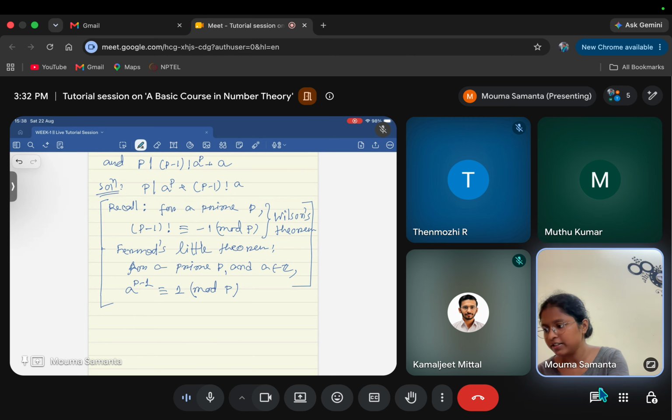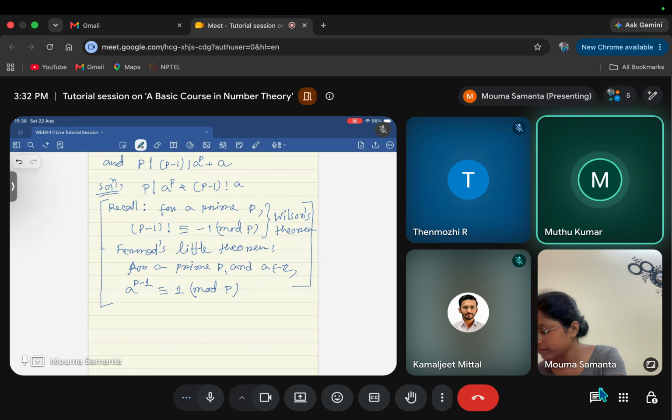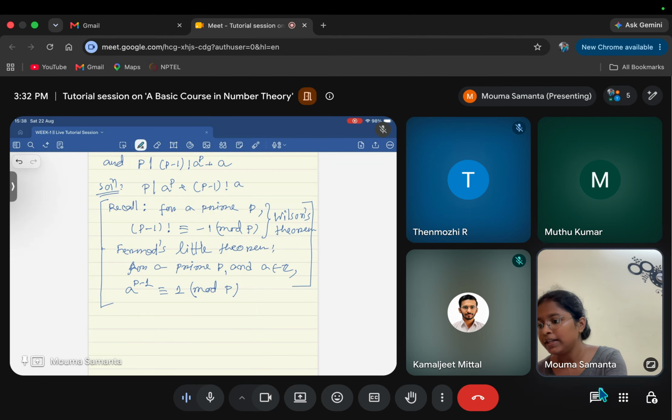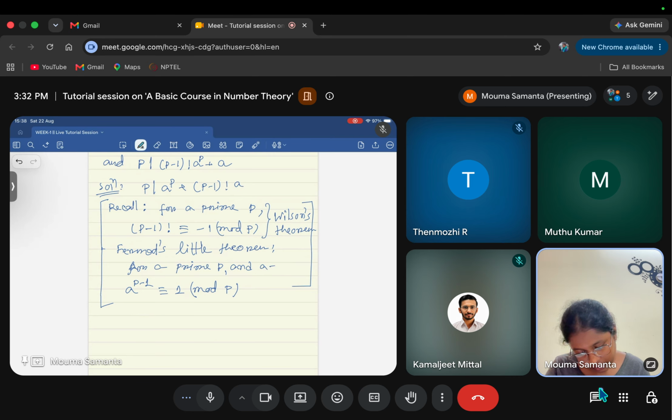For any prime p and any integer a, p does not divide a, that is a is not 0 in Z_p. Yes, that is the condition. That means a is not congruent to 0 mod p.